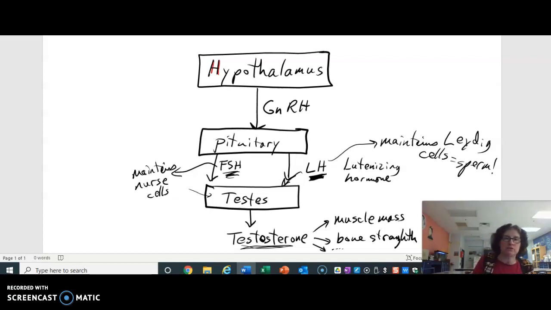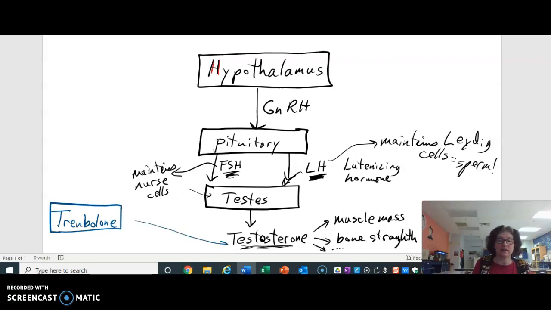So now enter synthetic hormone. So trenbolone is a synthetic hormone that looks a lot like testosterone. It's very, very similar. If you look at the molecules, you almost can't tell them apart. They're so similar.